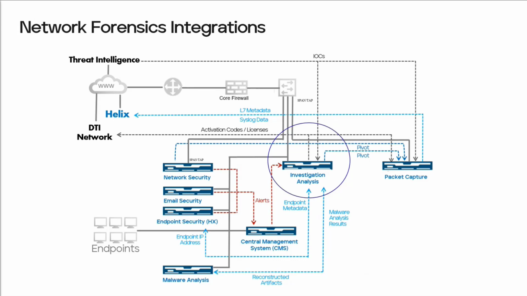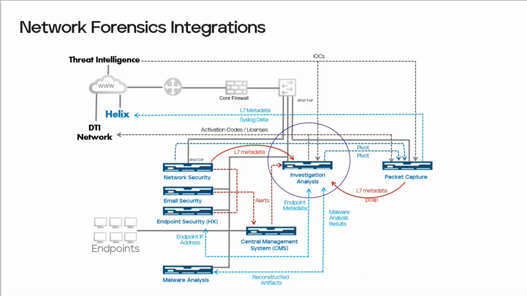And then lastly, as we know, investigation analysis already has to be paired with a packet capture system for you to be able to pull PCAP files, and also for you to be able to query L7 metadata. That's what we've understood so far. But for instance, you may not have a packet capture system.